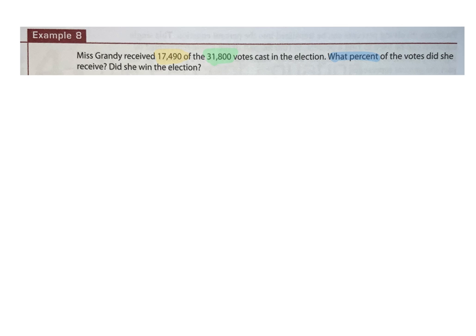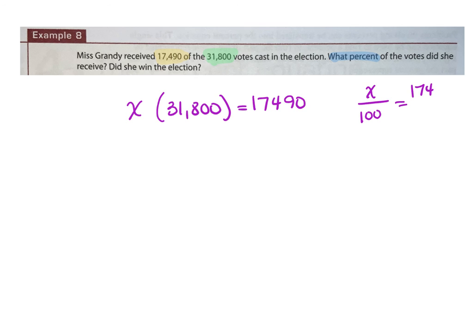It is always the percent times the whole equals the part. Always. The percent over 100 equals the part over the whole. All right? And so either way, you're going to get 55%.